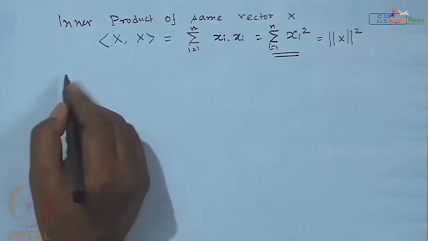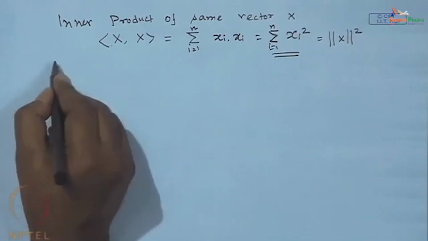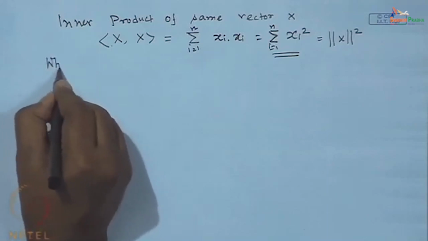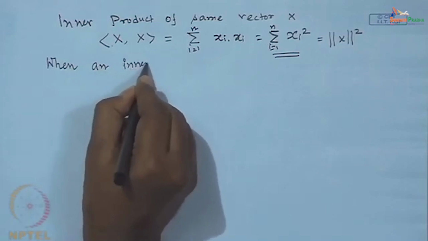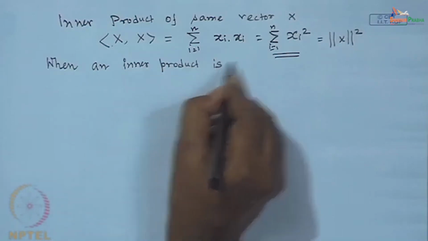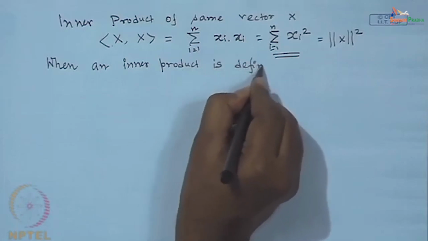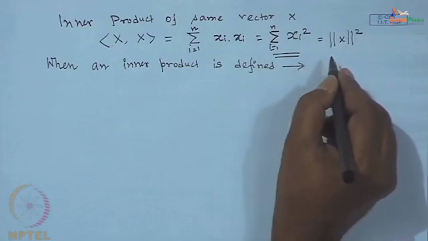So, what is the interpretation? The interpretation is that when an inner product is defined, a norm is automatically generated.